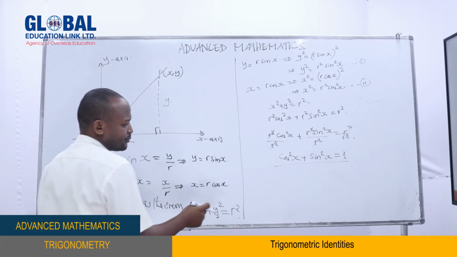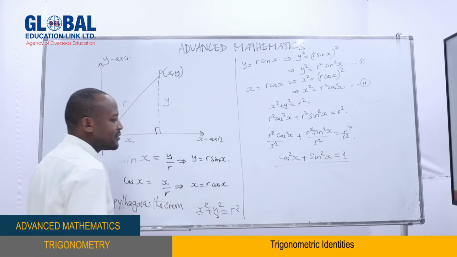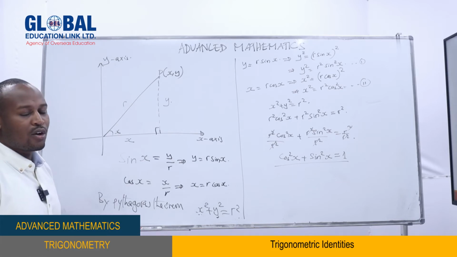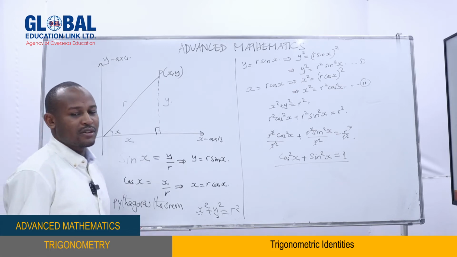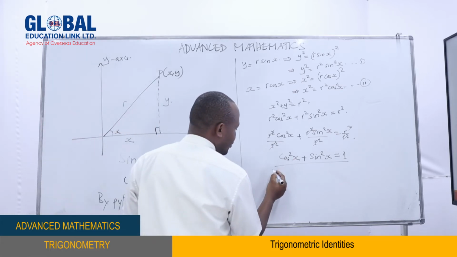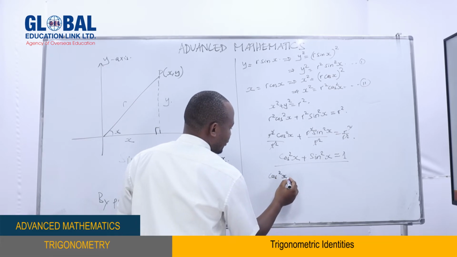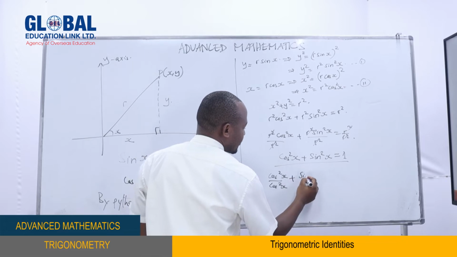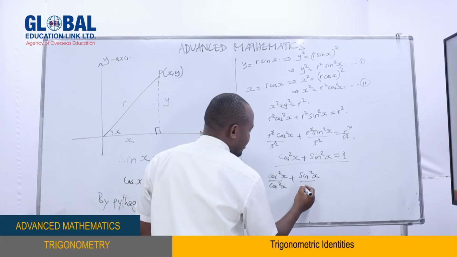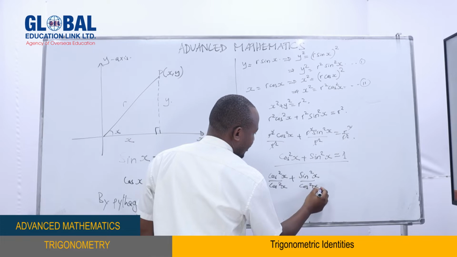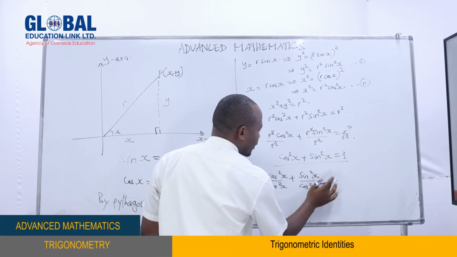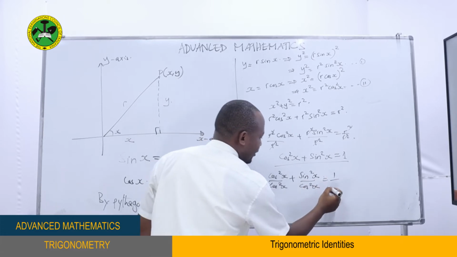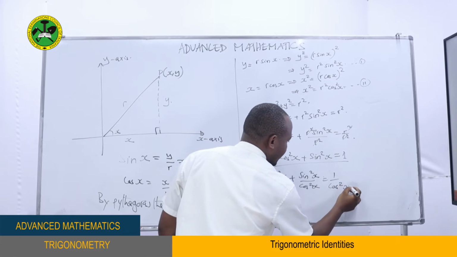Now let's see what will happen if we try to divide that by cos square of x. So we have cos square of x divided by cos square of x, plus sine square of x divided by cos square of x, equals 1 divided by cos square of x.